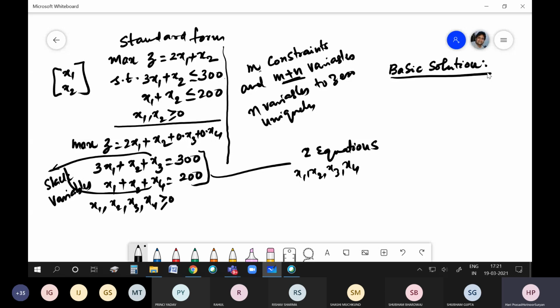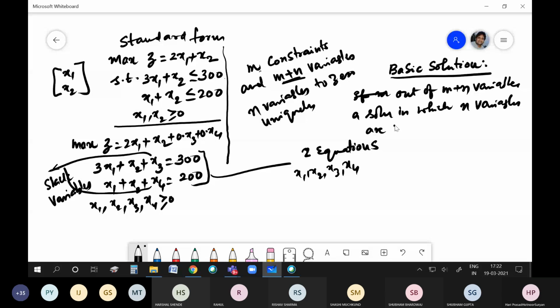In the last class I defined what a basic solution is, where n variables have the value 0. A basic solution is one in which, if I have m equations and m plus n variables, n variables are 0 and the rest, m, may be non-zero.